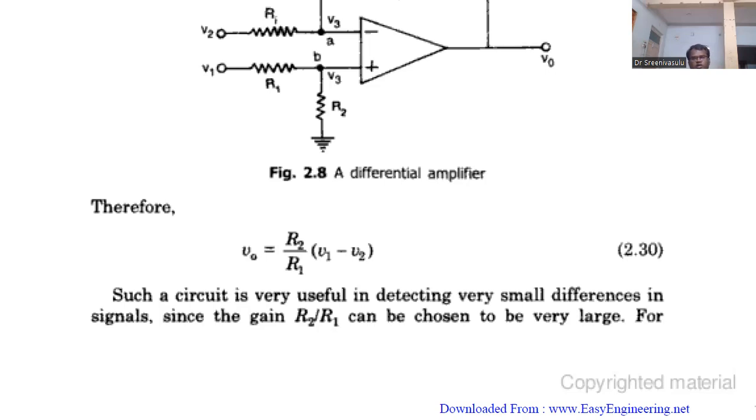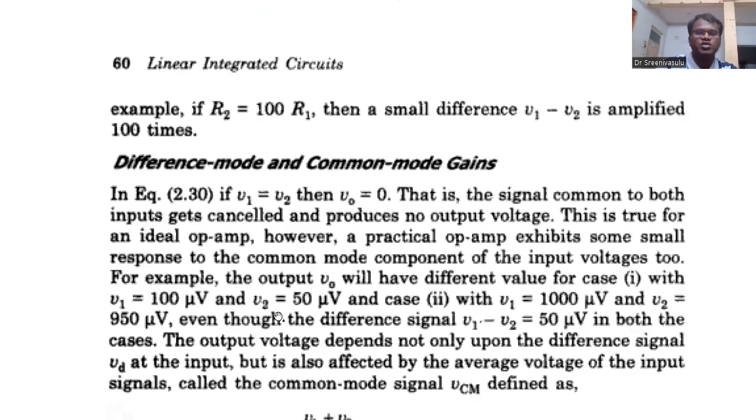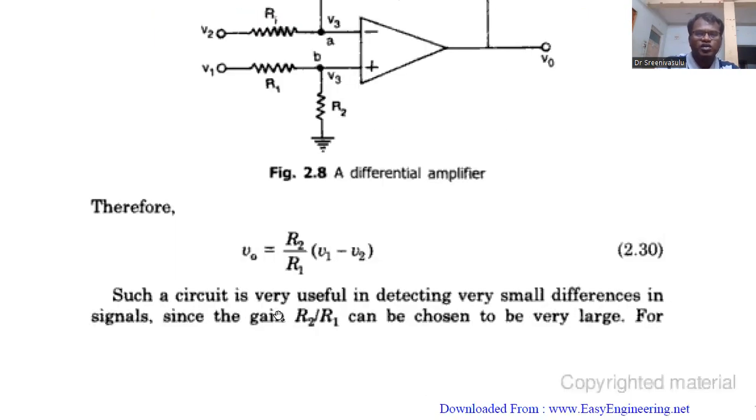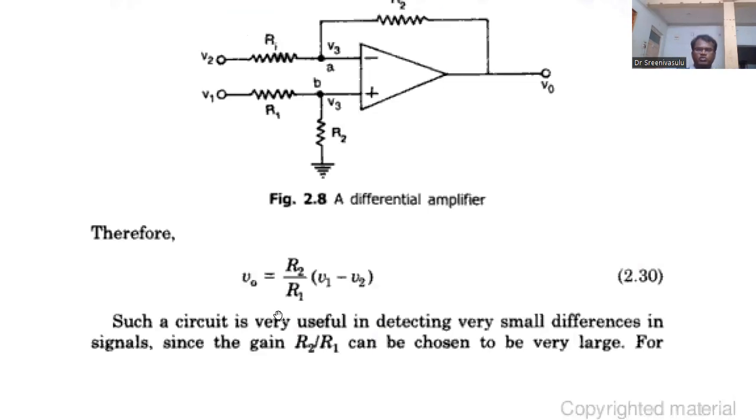The values of R2 and R1, that is our choice. If you want more gain, you choose R2 greater than R1, you will get more gain by changing the simple resistor values. Now, another important point here we need to study is the op amp problems. We have the practical op amp, it faces some problems.